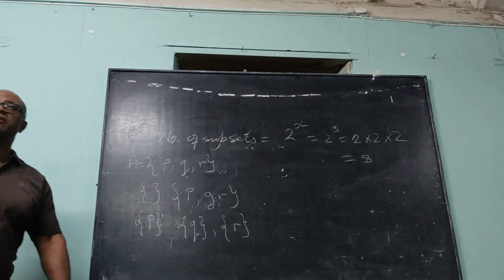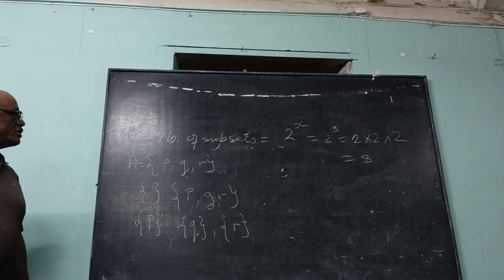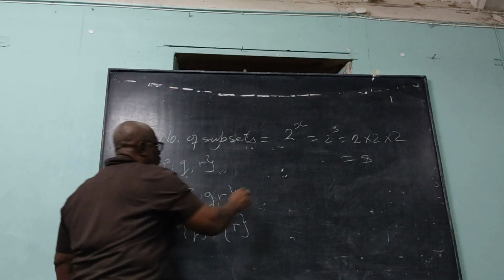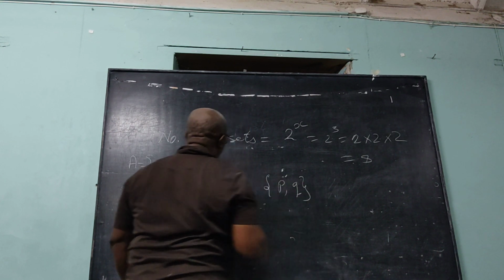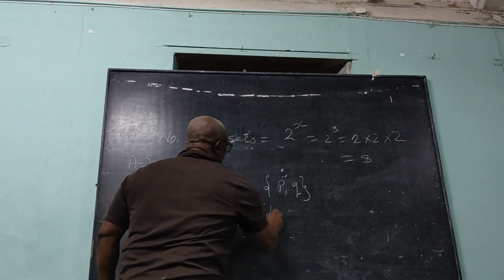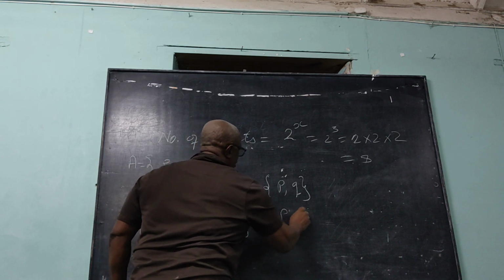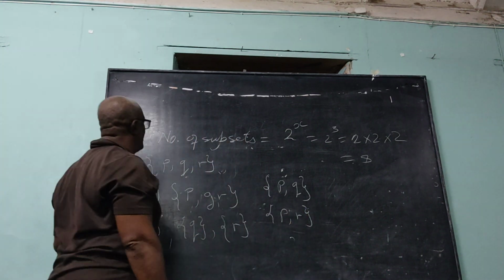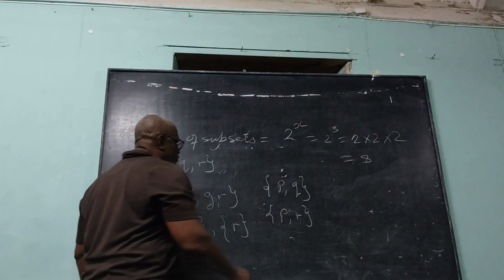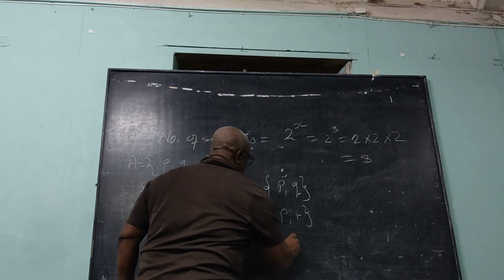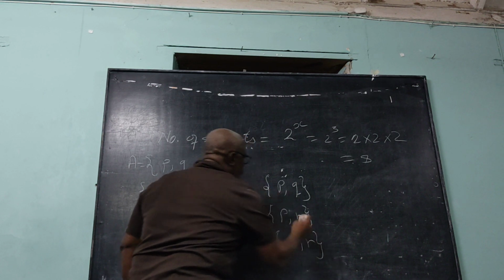Now give me a subset with 2 members. Set PQ. Give me another one. Set PR. And give me another one. Set QR. Do we have any more?